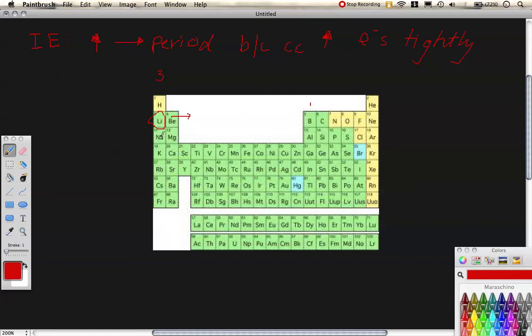As you move down a group, guys, it's important that you observe this understanding, and that is that with every movement down, you add an extra energy level. So you add an extra one here, an extra one here, an extra one here. As that happens, guys, an increase in the number of energy levels means that the electrons are further away from the nucleus. Further from nucleus.